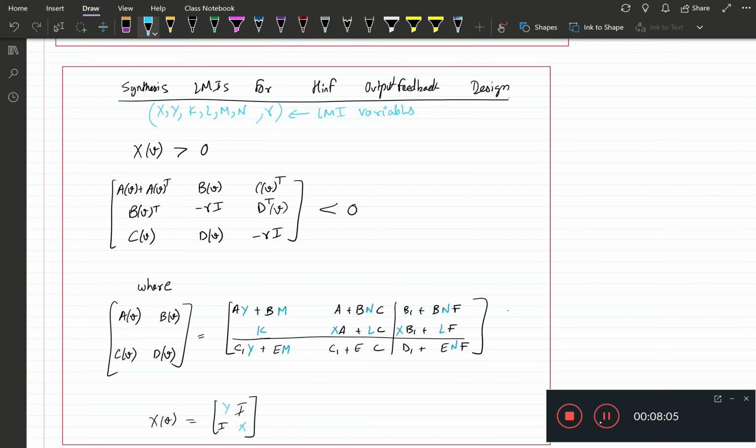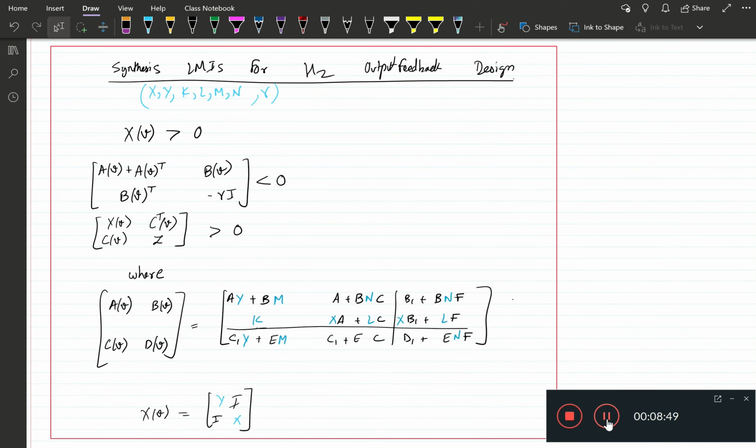So what we've done is basically just replaced y transpose P y by X of v, replaced y transpose P A y by A of v, and its transpose, y transpose P B by B of v, and so on, where A of v, B of v, C of v, and D of v are linear in v. So this is now really a linear matrix inequality which can be solved by convex optimization techniques.